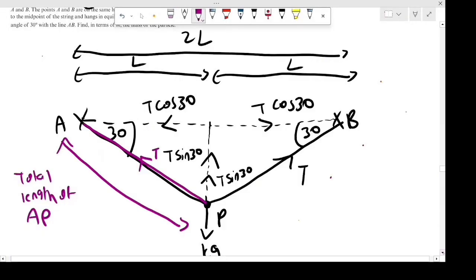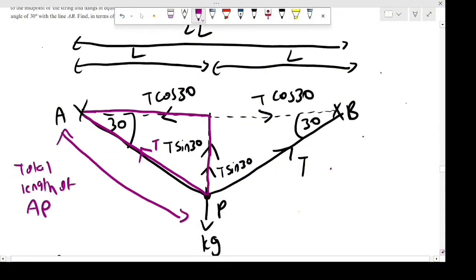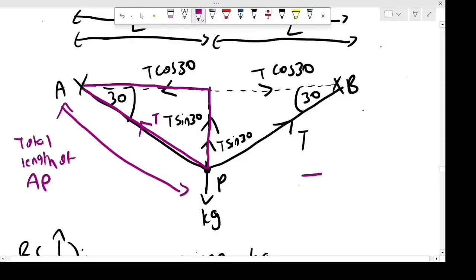So let's consider just the triangle here, right? If I do the triangle here, then I'm going to copy this down here.